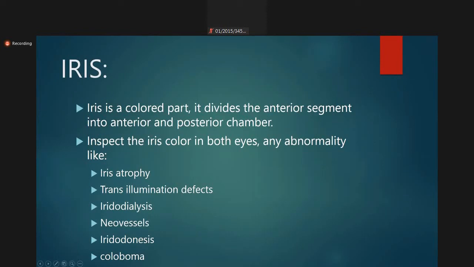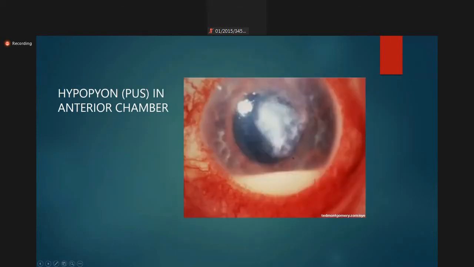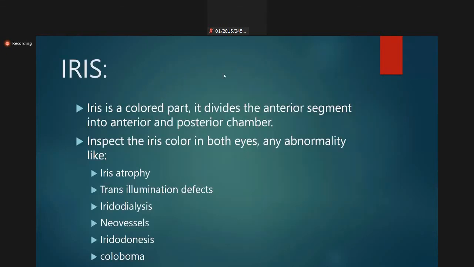Then you should examine the iris. It is the colored part behind the cornea. It divides the anterior segment into anterior and posterior chamber.